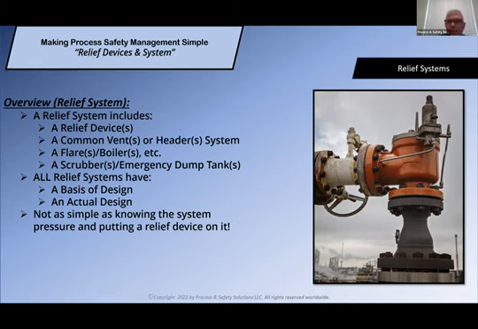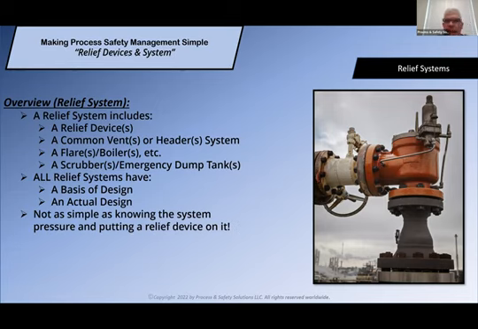It can also be a scrubber or an emergency dump tank. Maybe you scrub the toxics out before they're released to atmosphere. That's relieving to some type of device, what we'll call a scrubber. It can be a dump tank. What we mean by a dump tank is maybe you have a toxic that relieves into another tank, and that material is absorbed into some type of solvent, so that you're not relieving the toxic or the relieving media to the atmosphere directly.